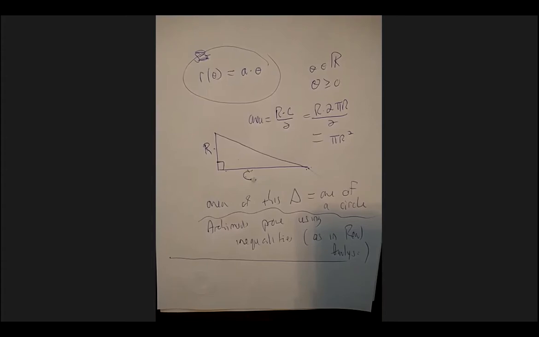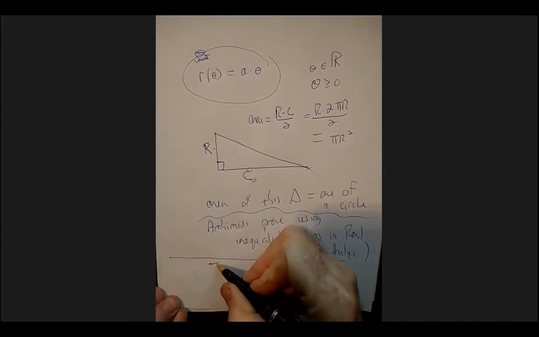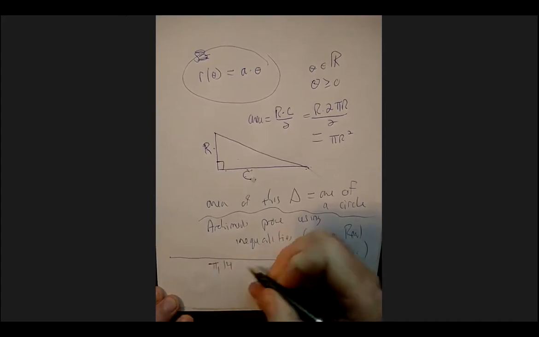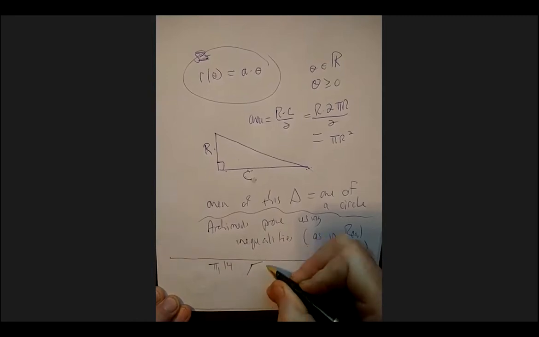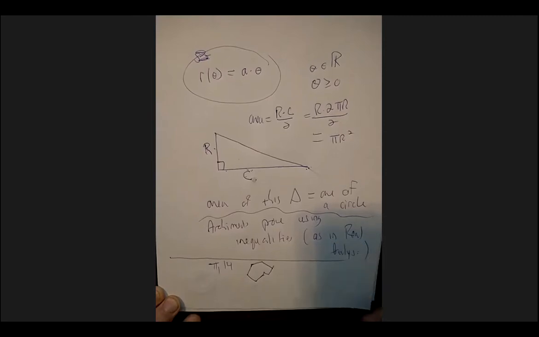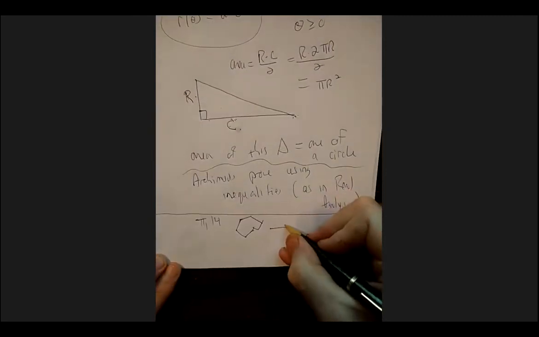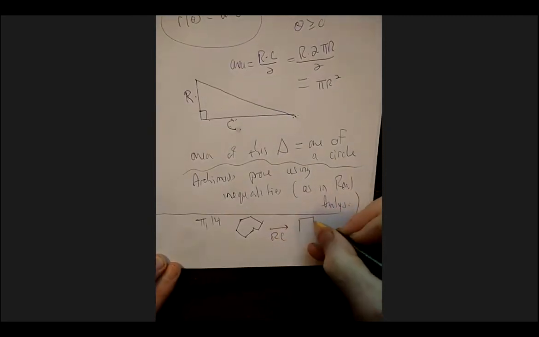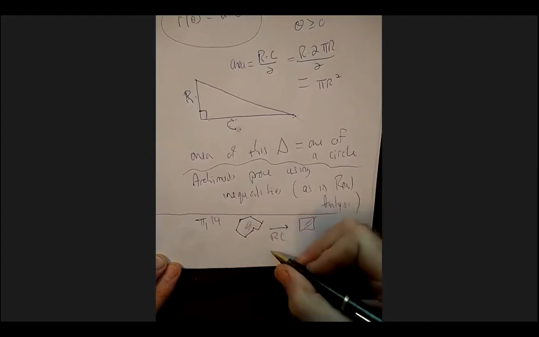Without reading a lot of Euclid, you may not know this, but Euclid proved in Book 2, Proposition 14, that if you have any rectilinear figure, I'm drawing an irregular one, you can, with a ruler and compass, find a square whose area is equal.